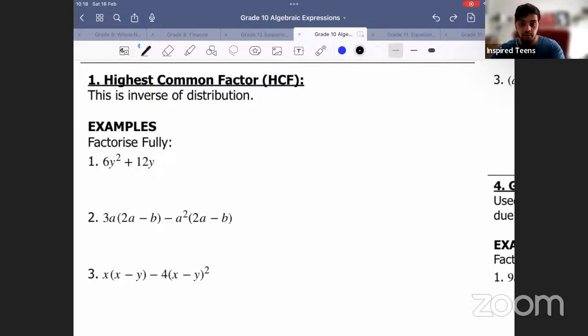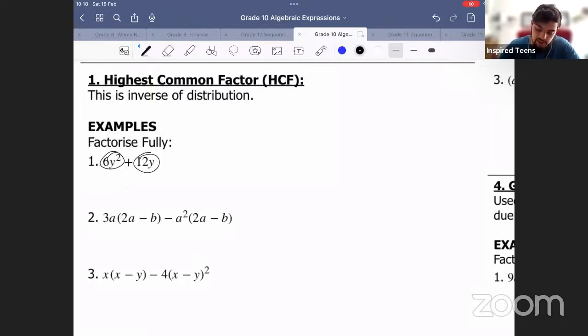Okay, cool. In order to factorize, we need to identify the highest common factor. That is a number and/or a variable that can go into both of these terms.